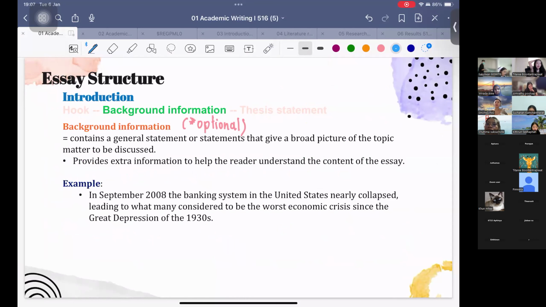For some topics, you might want to give some background, some details about your topic before going into details about what you're going to write. Background information normally provides general statements about the topic that you're going to talk about.